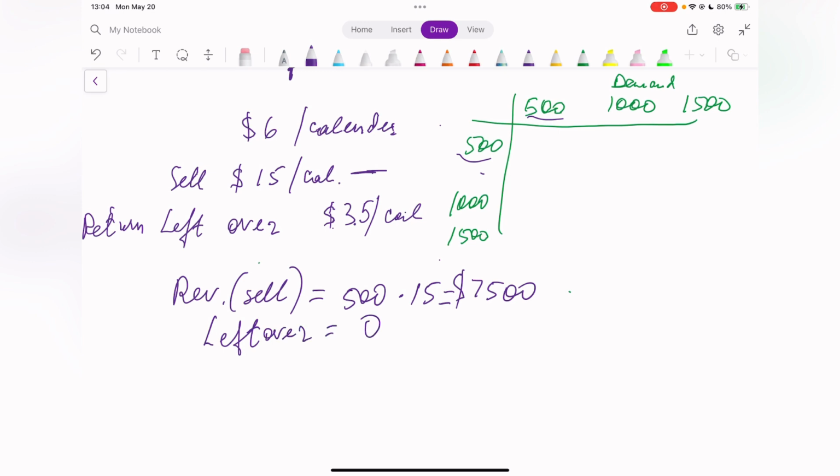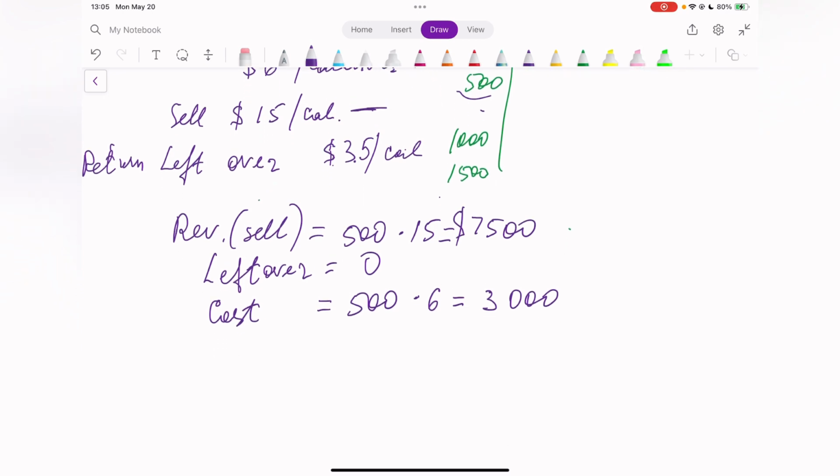Correct? So the cost, how much it cost her, is 500 times what she paid, $6, so it's 3,000, which means profit is equal to revenue plus leftover minus cost, correct?